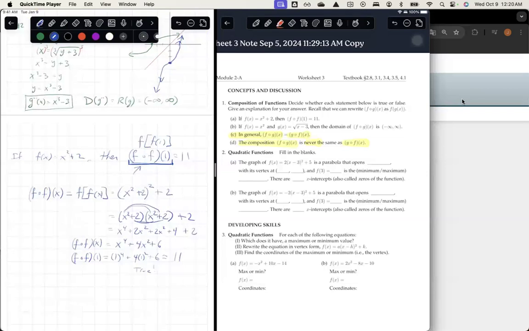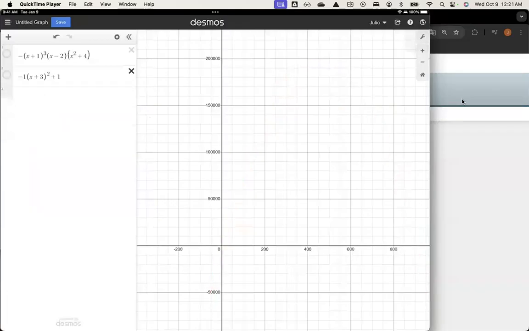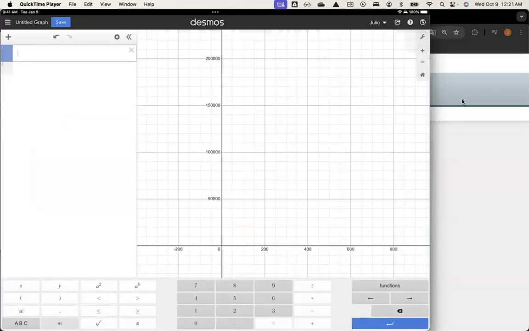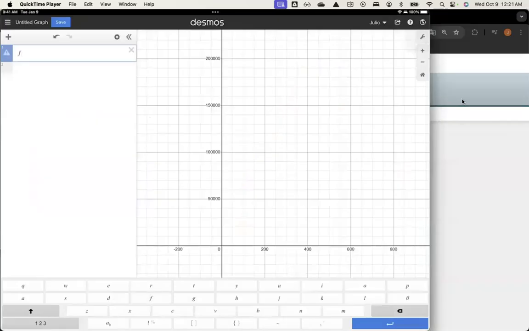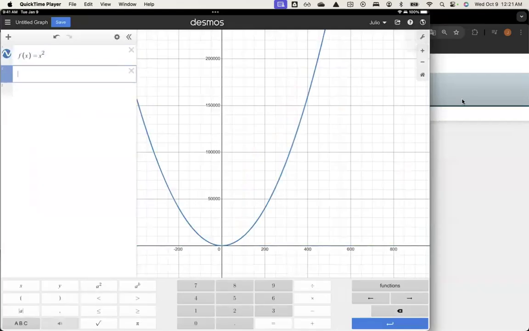the next one. But f of x, now I'm kind of curious. f of x equals x squared for part B. And the square root of x minus 3. Let's see here now. Now I'm curious. f of x equals x squared, and g of x equals the square root of x.